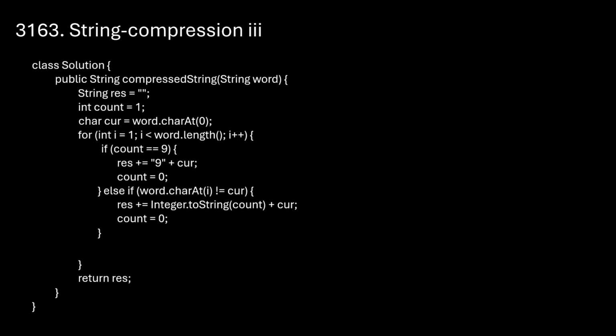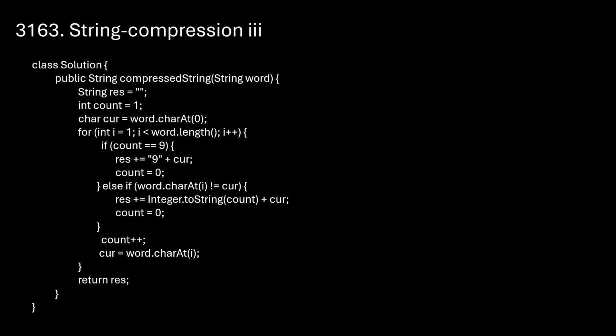In order to do that, we're going to increment the count every single iteration, and then set the current character to whatever is at that position. Notice how we're starting the for loop at i equals 1, because we already know what the first letter is, as we needed that as a baseline for most of these conditions.